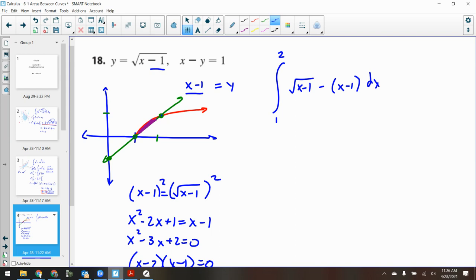So I'm going to break it apart again, just like I did the last one. 1 and 2, the square root of x minus 1. And let's do this. That would have been negative x plus 1. Should I? You know what? I'm not going to do that. That's not a good idea. Because now I'm going to do this from 1 to 2 of just x minus 1.